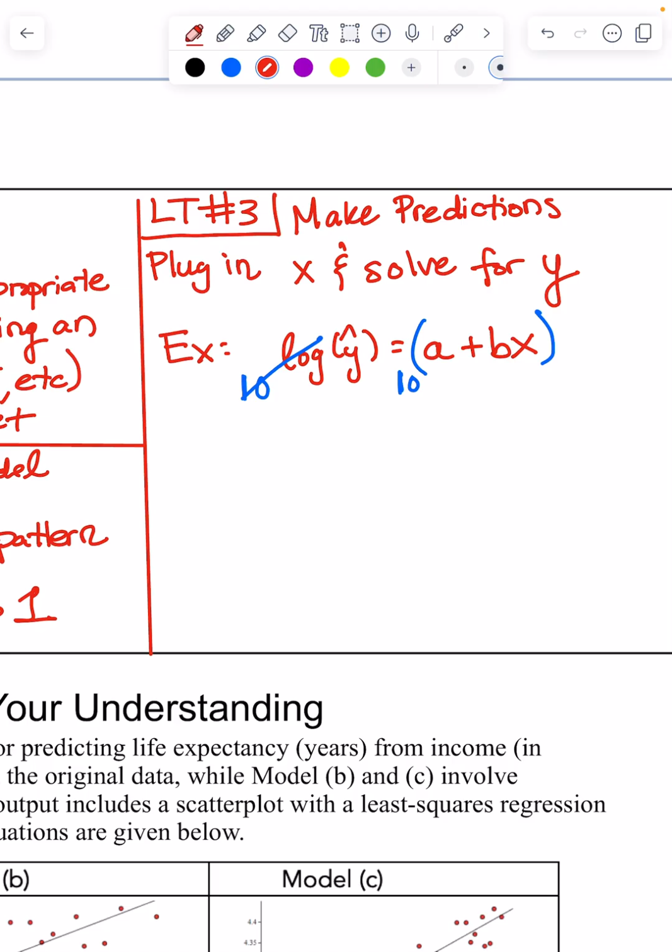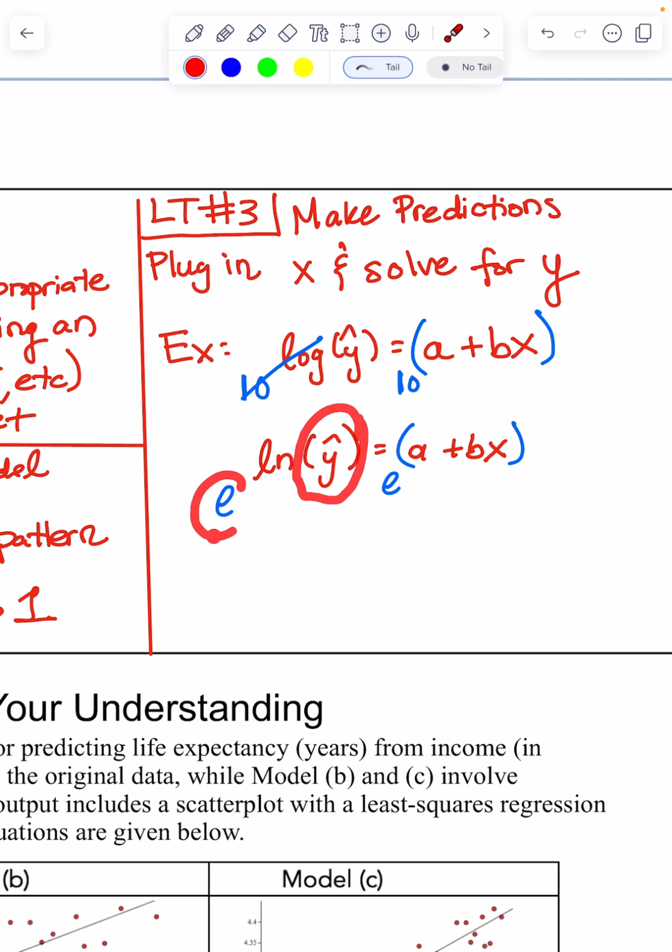Another thing you might see is the natural log of y hat equals a plus bx. The natural log is very similar to the log, except instead of having a base of 10, we have a base of e. So if I want to sort of unwrap this y, I need a base of e. So raise both sides to base of e. That will cancel that out.